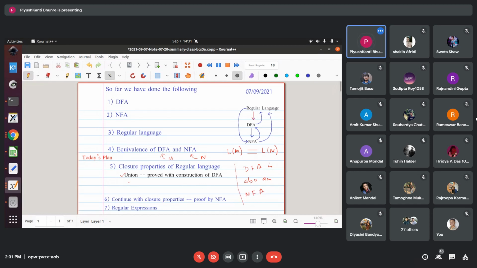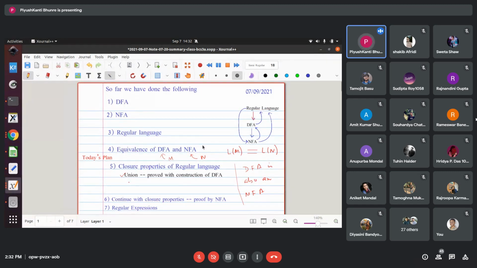That means for a given DFA, we can find an NFA that recognizes it. This part is obvious: given a DFA, we can find an NFA that recognizes the same language as the DFA. Today we'll show how, given an NFA, to construct a DFA so that we can accept the same language as the NFA.